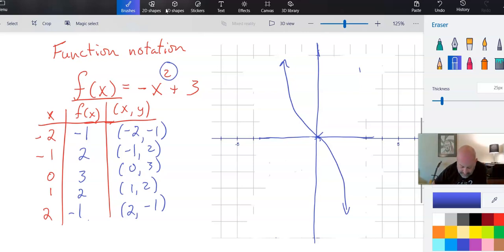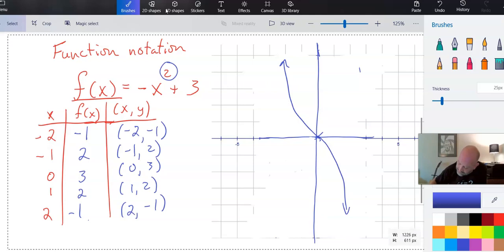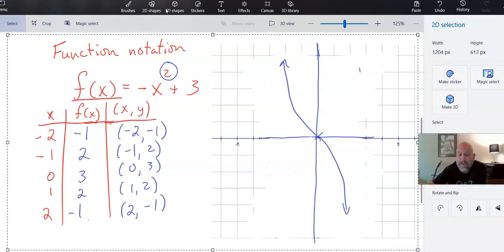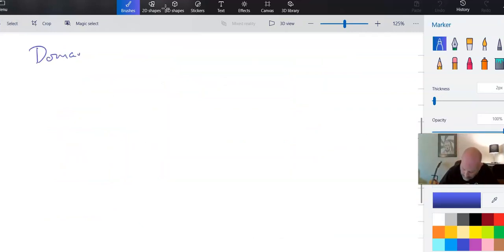Now, one of the things that you are going to be asked about these shapes is what their domain and range is. Okay, now there are ways of getting a hold of that. But, yeah, there we go, I'll write it here.